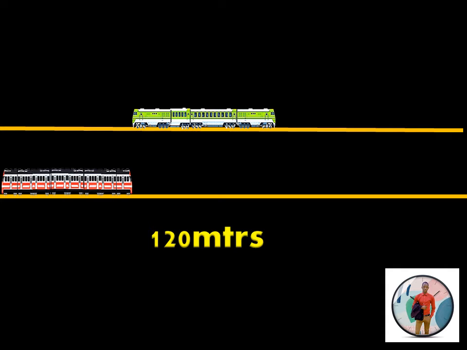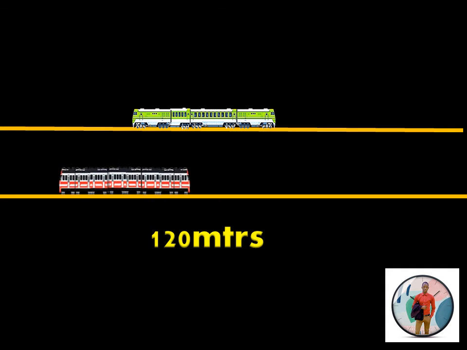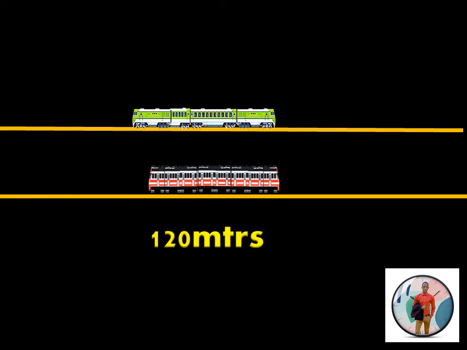So for the red train to overtake the green train, first the train will have to cover the length of the green train, which is 120 meters. As you can see there, first the train has to cover this 120 meters, which is the length of this green train.